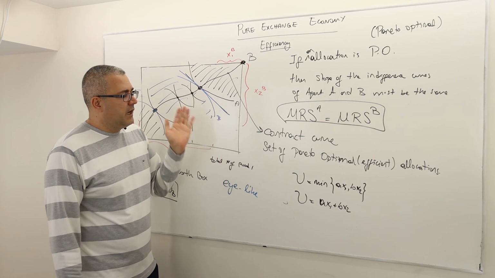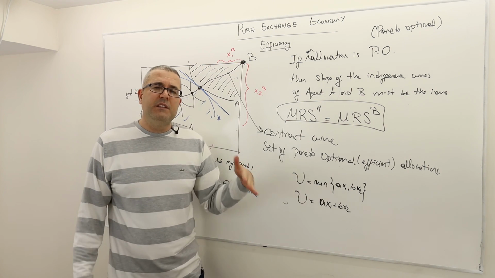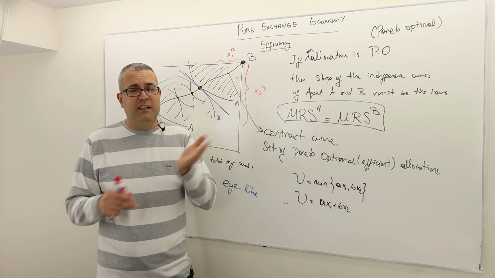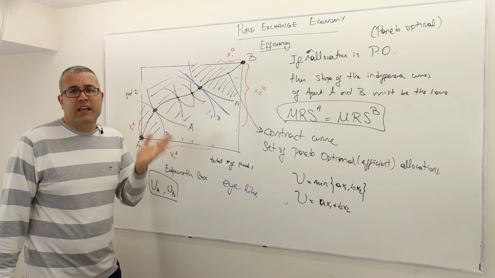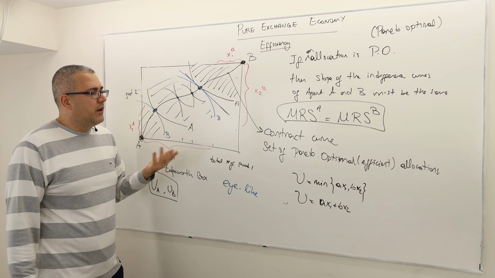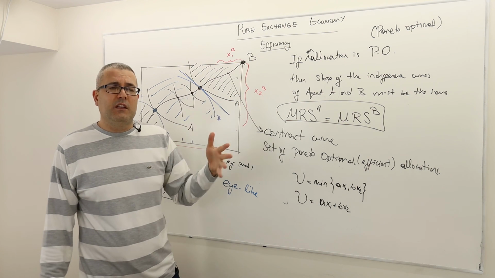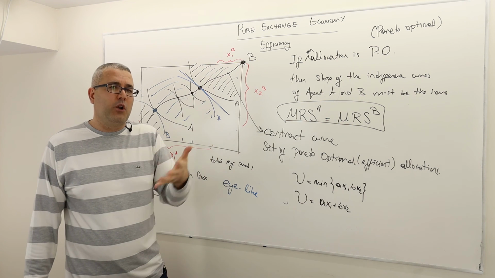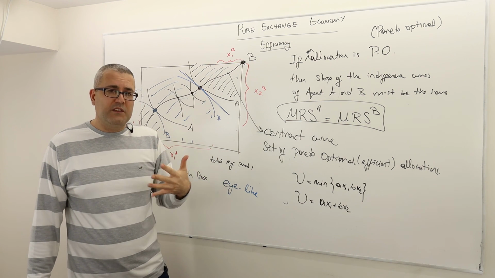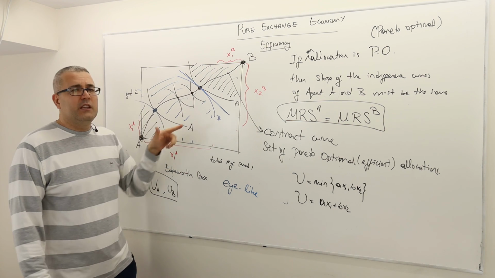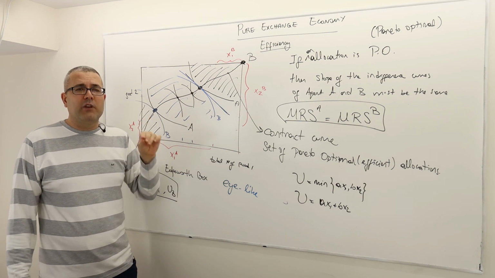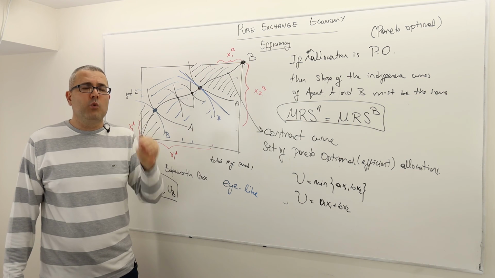And obviously, if agent A's and B's indifference curves are not tangent to each other, that means they will never be tangent. So this condition is not going to give me the Pareto optimal allocations. Once again, in those instances, I have to draw the Edgeworth box indifference curves and then figure out where the optimal solutions will be.